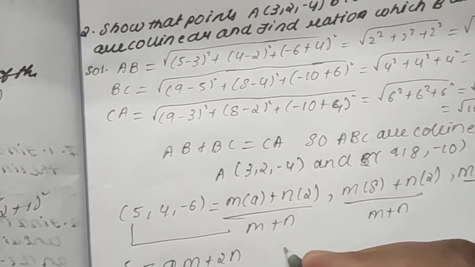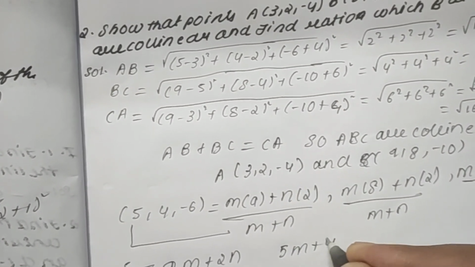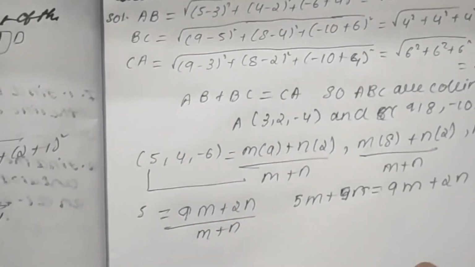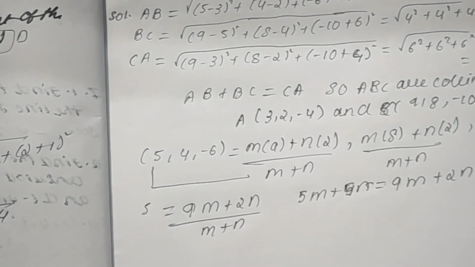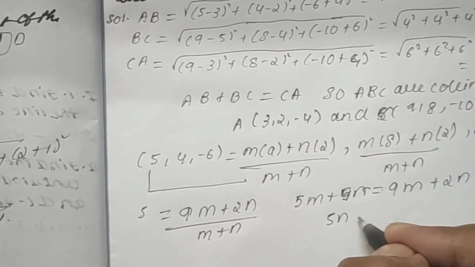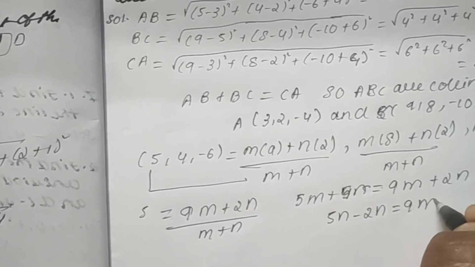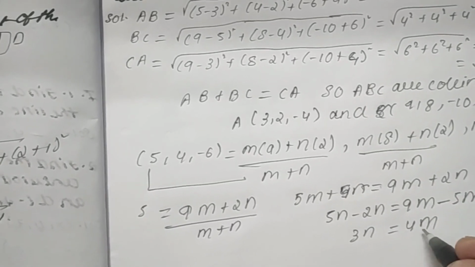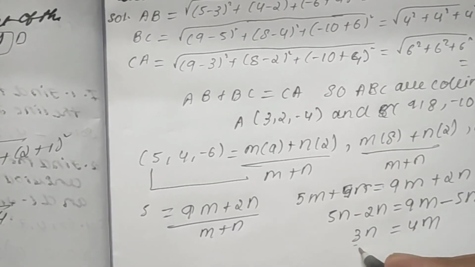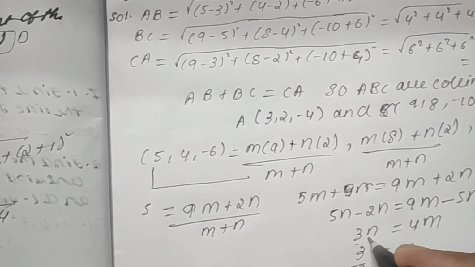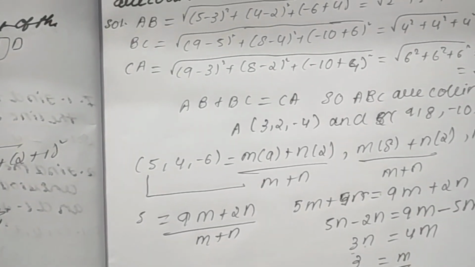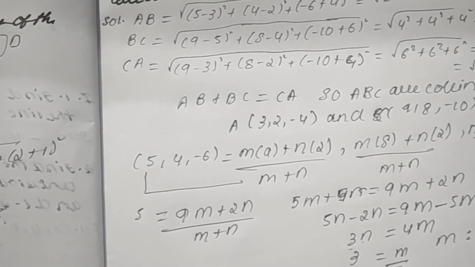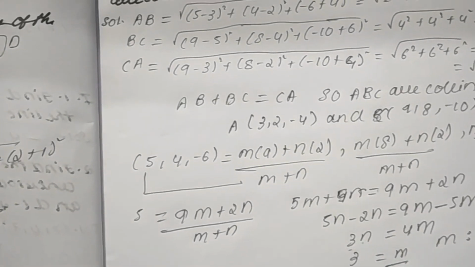So cross multiply, you will get 5m plus 5n is equal to 9m plus 2n. Bring all m's one side and all n's other side. 5n minus 2n is equal to 9m minus 5m. This is 3n equals 4m. Bring this 4 to the denominator and n to the denominator. So you will be getting m is to n is equal to 3 is to 4.